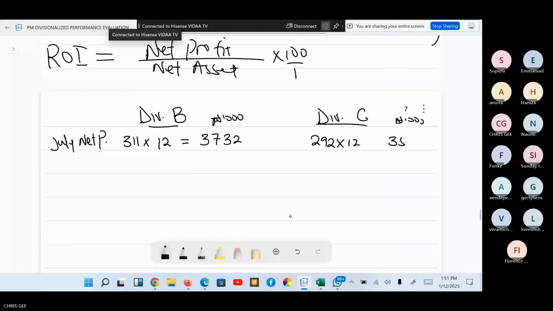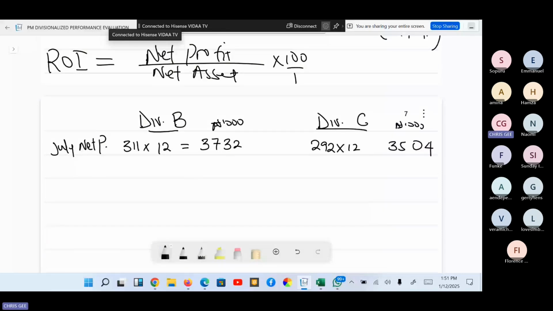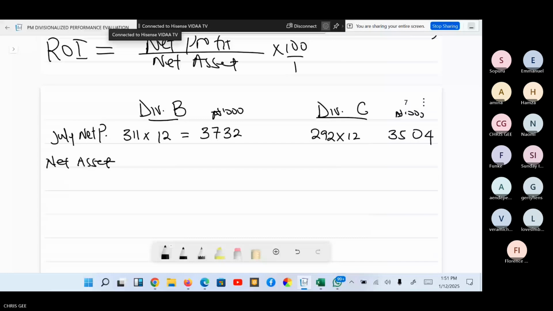You're doing well. Next is to calculate what? Net assets, right? What's the net asset? That's 23,200. We are suspending 3 zeros.